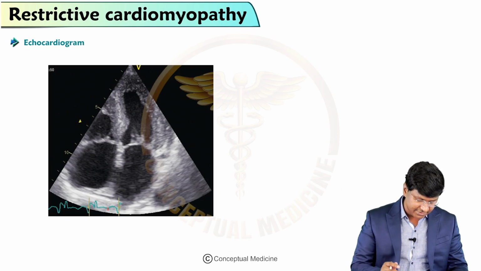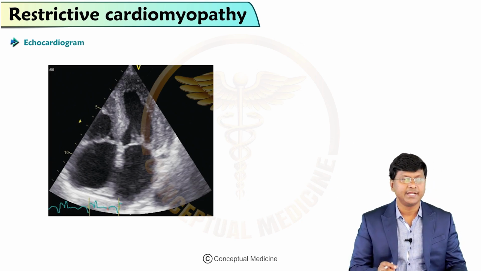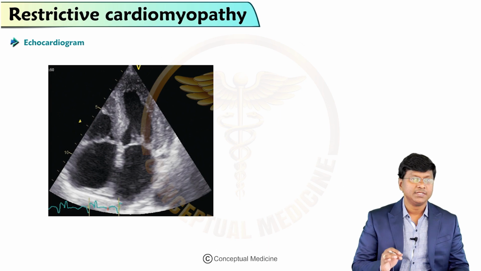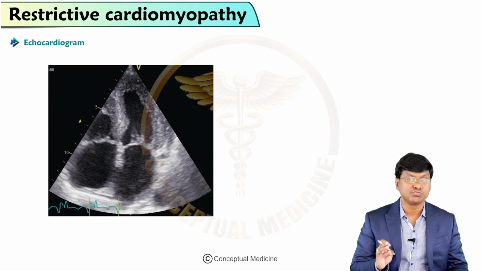And the first line investigation will be your 2D echo, right? And what does the 2D echo show? The echocardiogram reveals small thickened left ventricle with bright myocardium.